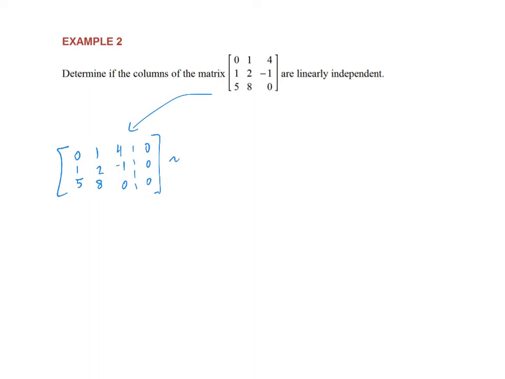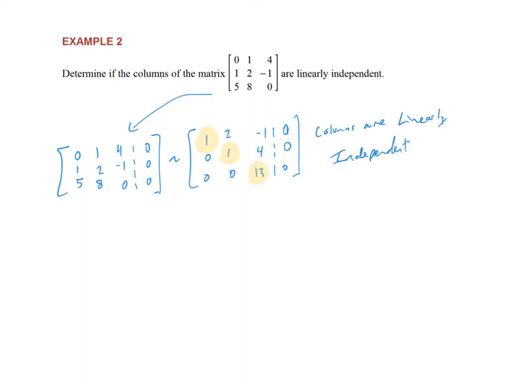And that is row equivalent to 1, 2, negative 1, 0, 0, 1, 4, 0, and 0, 0, 13, 0. As you're going through these row operations, as soon as you identify that third pivot for our 3 by 3 matrix, we know that the columns are linearly independent.